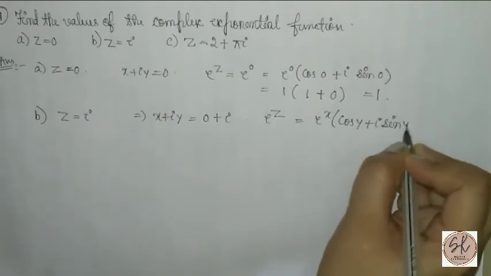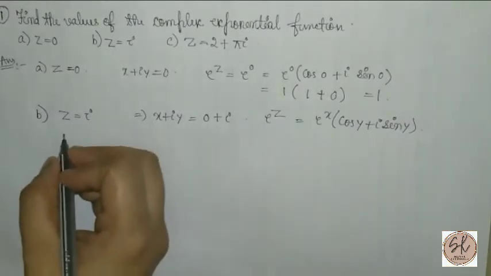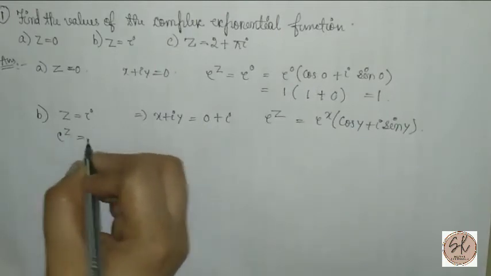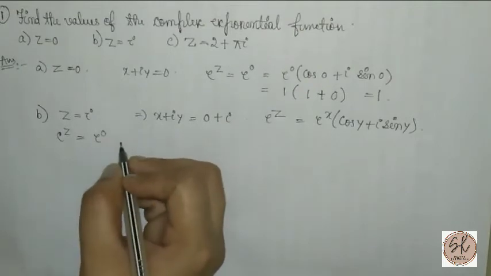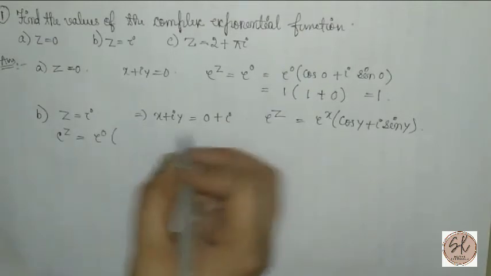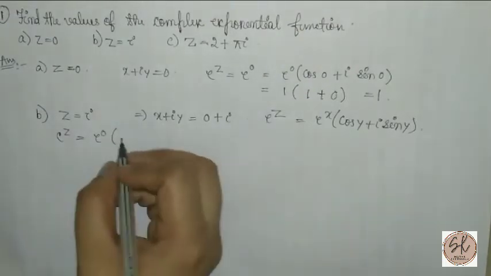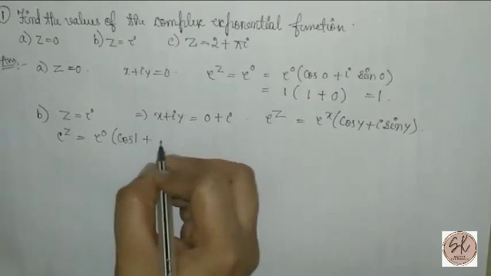Here we know that x is equal to 0, so this is e^0 whole into, y is 1, cos 1 + i sin 1.